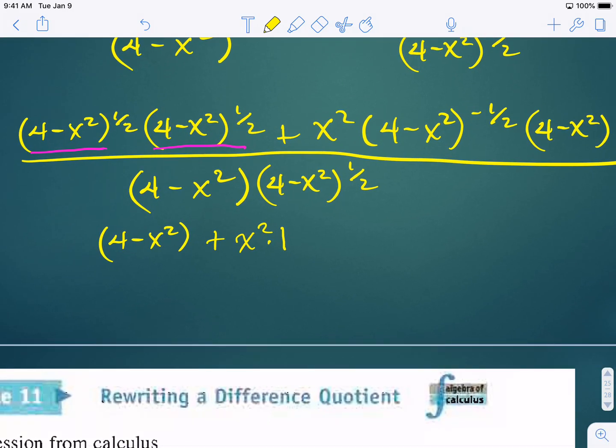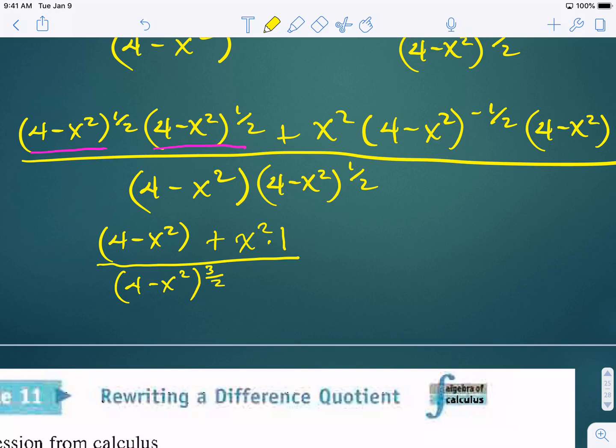Now the bottom part is just 4 minus x squared, and that's to the 1, and I have to add that 1 to the 1/2, so it's just going to be 2/2 plus 1/2, or to the 3/2 power. And it looks like that.